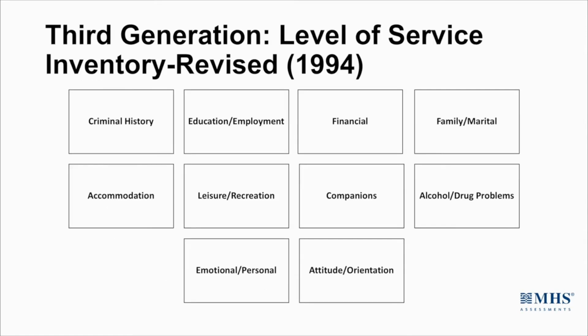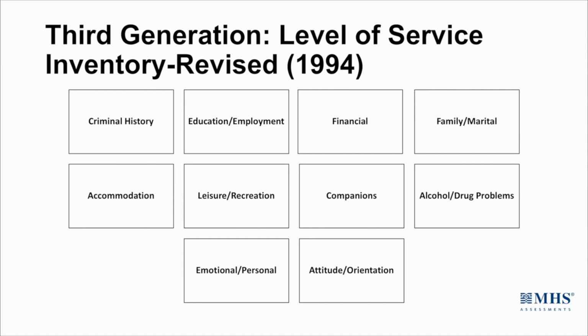Third generation, we come to the LSIR, Level of Service Inventory Revised. Now you'll see most of the Central 8 risk need factors reflected in the LSIR. It's not there completely 100%, but most of it is there. The LSIR was the first risk need assessment instrument to integrate both risk assessment and criminogenic needs.